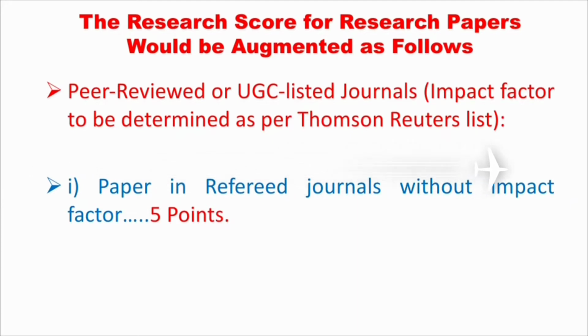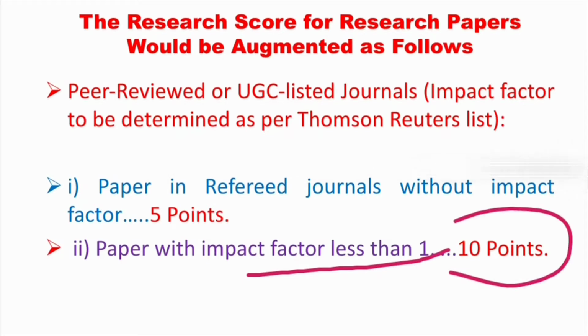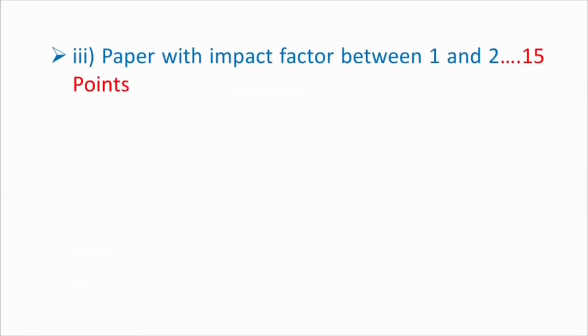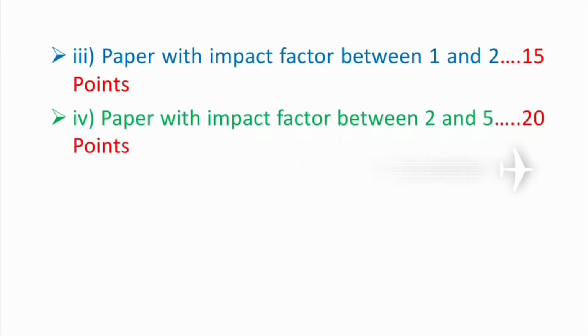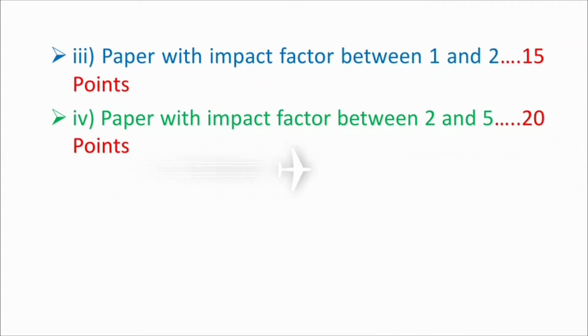If your paper is published with an impact factor of less than 1, you will get 10 points. If your paper is published with an impact factor between 1 to 2, you will get 15 points. If it is published with a high impact factor, between 2 to 5, you will get 20 points. It means if the journal has a high impact factor, automatically you will get more points.